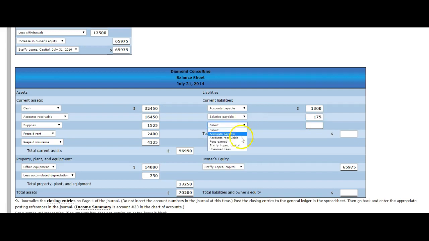It must be unearned fees, and we adjusted that down to 1,300. No, wait a minute, let's find it. 2,750. If we add those up, that gives us our total liabilities of 4,225. Added to this should give us 70,200. And that gives you your balance sheet.